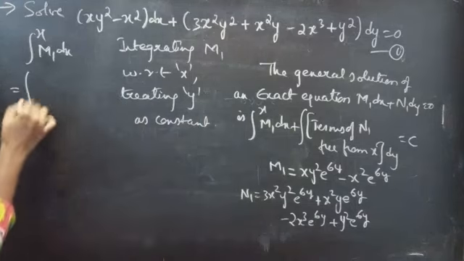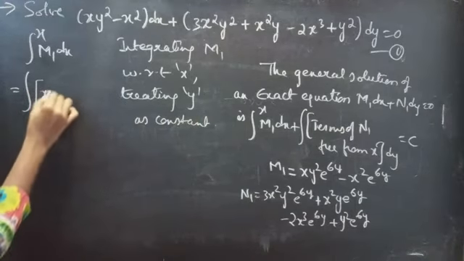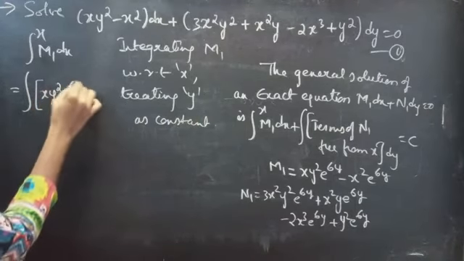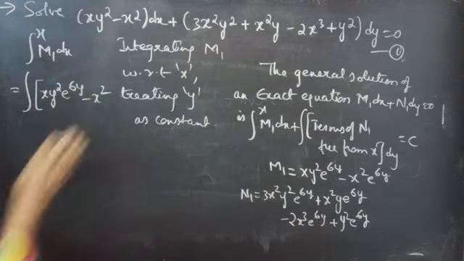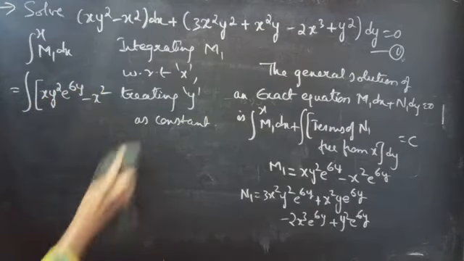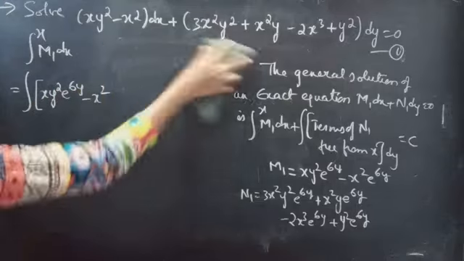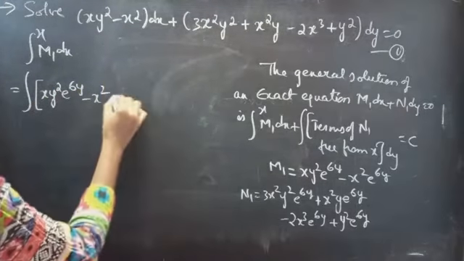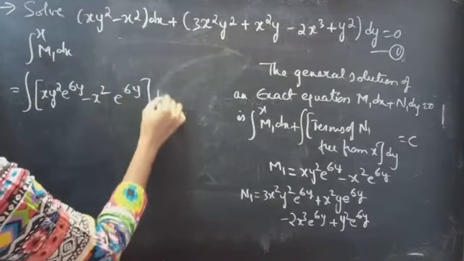The integral for M1 is x y square e power 6y minus x square e power 6y into dx.